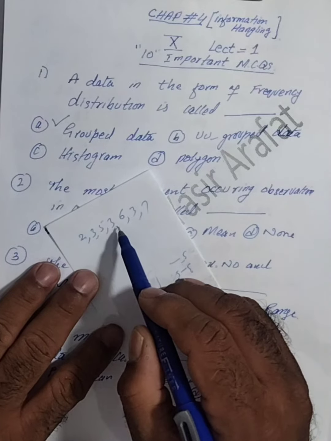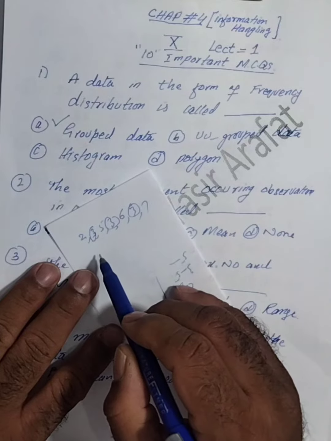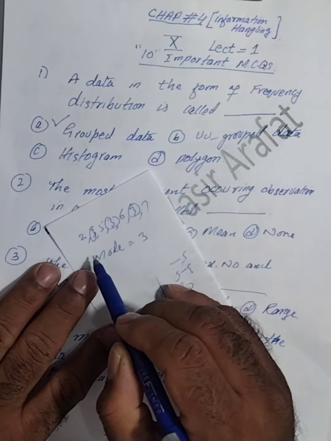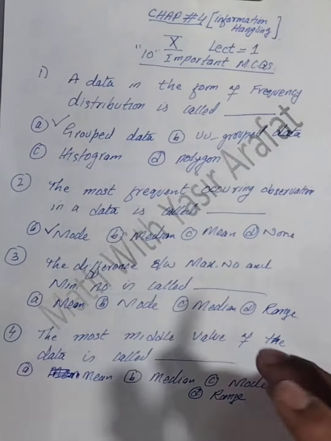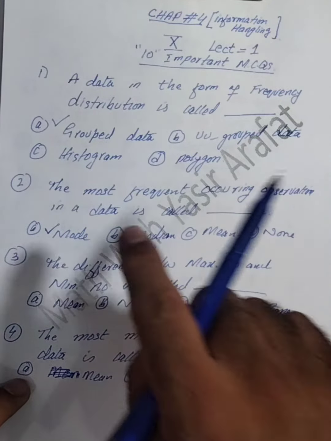So here from this data, 3 is 3 times. It means 3 is the most frequent number. So here mode is 3 from this data. So what is the mode? The most frequent number in the data. So the correct option is A.